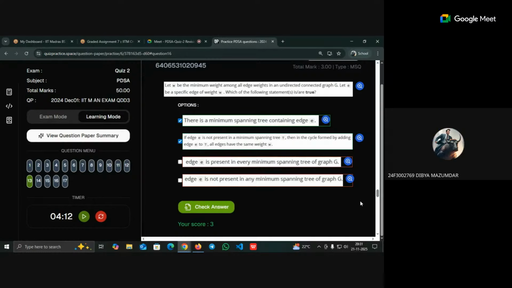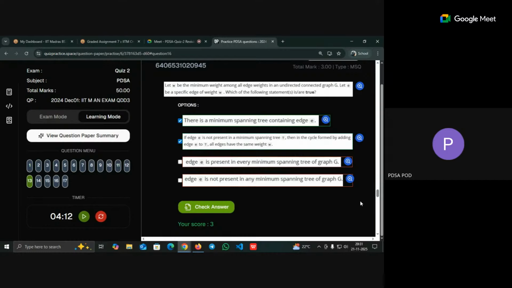If it had said that every minimum spanning tree should contain the edge E, then I agree that is not the case, because there will be at least one of the minimum spanning trees which does not contain the edge E.